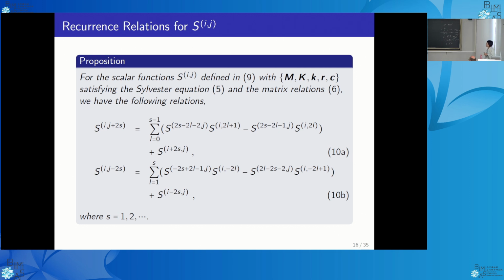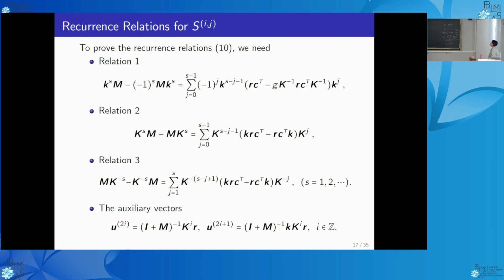First, this is a recurrence relation for Sij. If we would like to have these relations, we need 3 relations from the Sylvester equation, and also auxiliary vectors are needed.